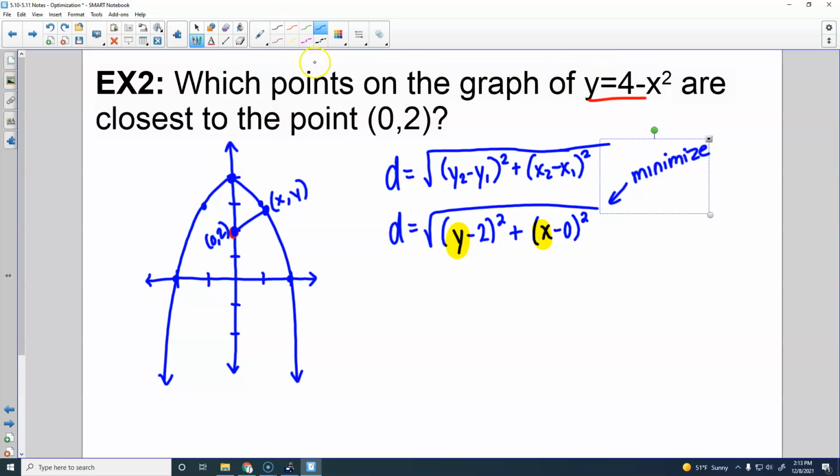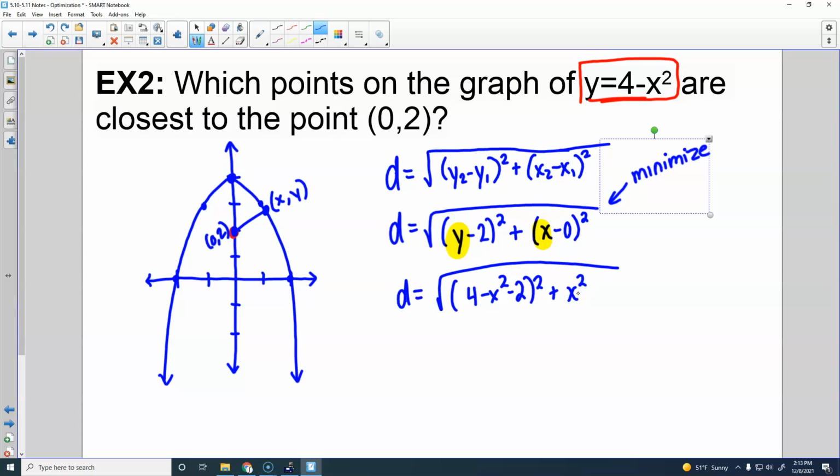Very good. So right here, this is a fact. We know that is a point, right? So we can replace our y with 4 minus x squared. So that will look like this. We probably need to simplify before we try to take a derivative because it would be really ugly right now.